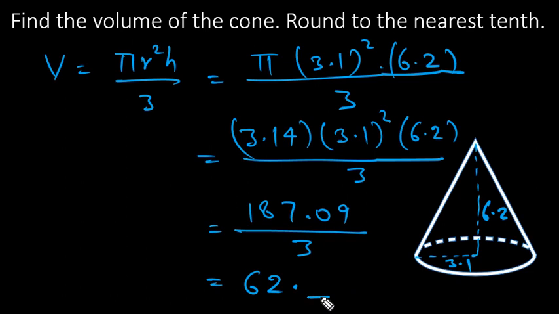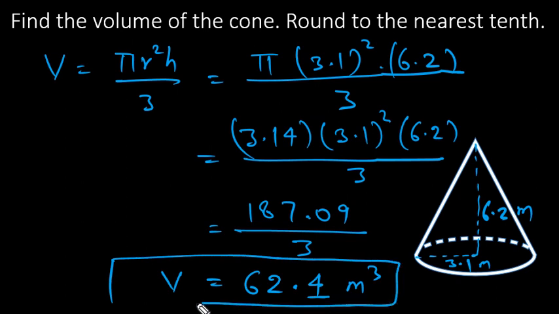So the nearest tenth place is this, so that will be 62.4, and the unit, if it is meter, then meter cube. That is how you will solve when you have the information in this format. Now let's try one more question and that will be it for this.